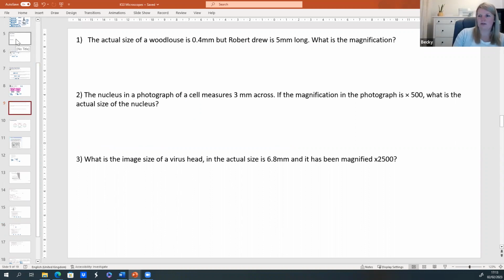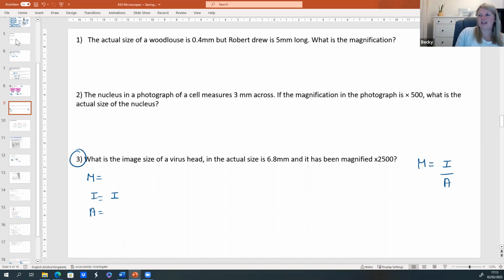Okay, we're going to look at this one, number 3. Okay, so remember, magnification equals image over actual. So this time we've got to rearrange our equation a little bit. So I'm going to just follow the same process that I've done before. I'm going to write down, what do I know? So it says, what is the image size? So I don't know the image size, so I'm going to put that as I. What's the image size of a virus head?